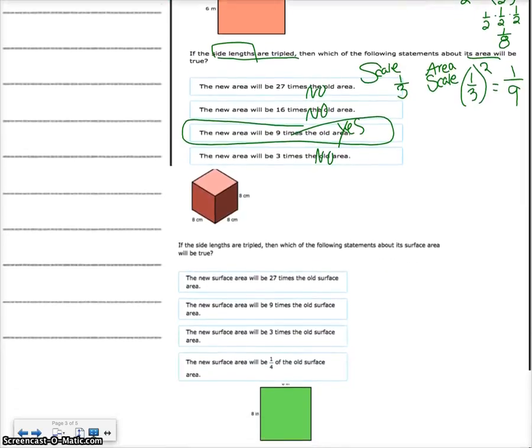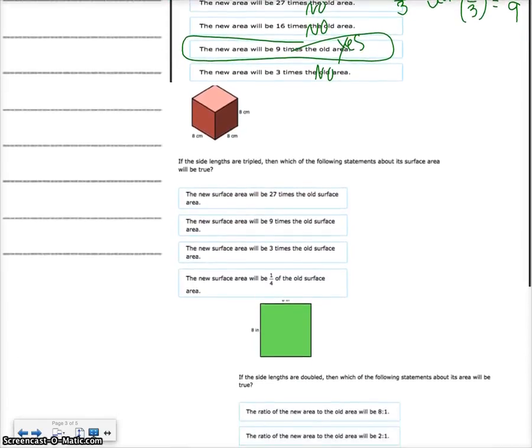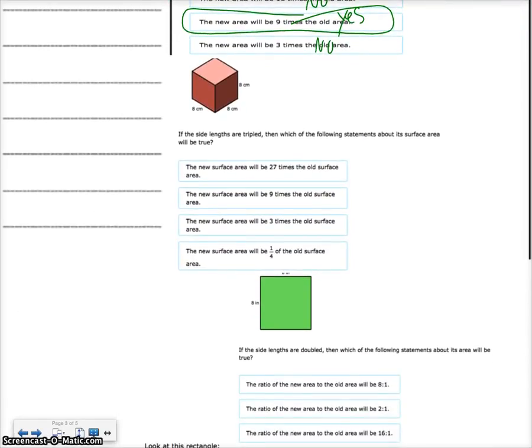Okay, the next one. If the side lengths are tripled, then which of the following statements about its surface area will be true? So I always box off what I'm doing to the side lengths and what I'm looking for. So my scale factor is 1/3, and I'm looking for area, so my area scale, area is a square dimension, so I'm going to square my 1/3, which is 1/9.